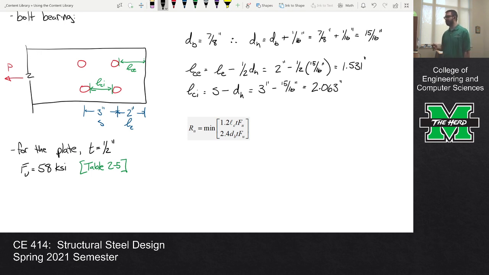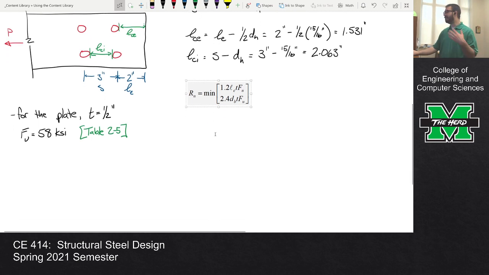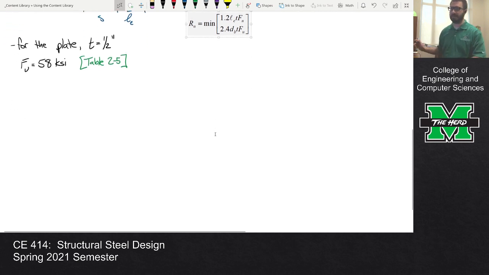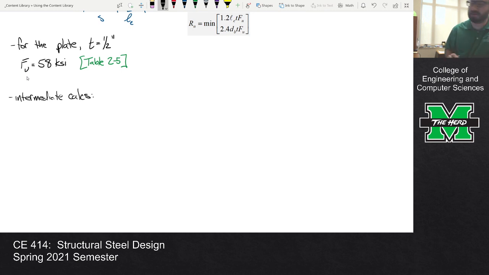Now, I've got a bunch of stuff that I have to compute somewhat repetitively. So here's how I do it, just to make it a little easier on myself. I'm going to do some intermediate calcs, so I don't have to keep hitting the same buttons over and over again on the calculator. We're going to do 1.2 LCE TFU, and then 1.2 LCI TFU.